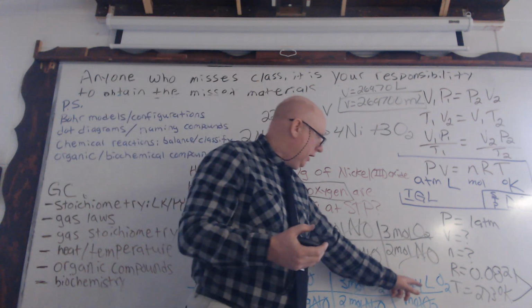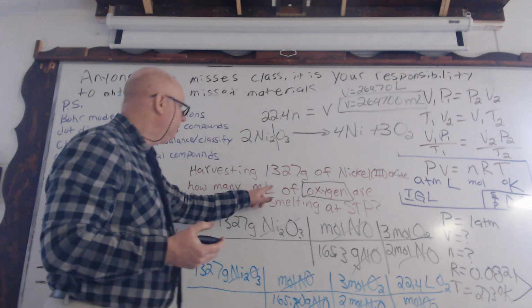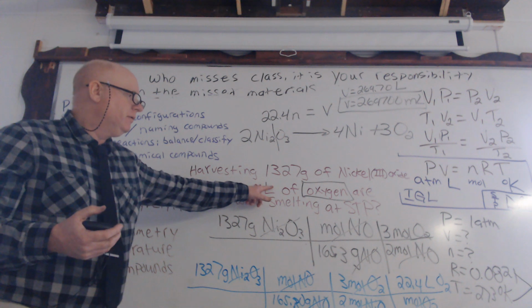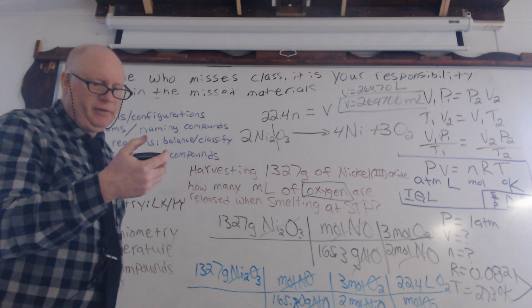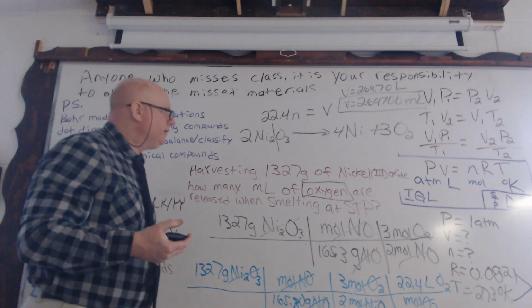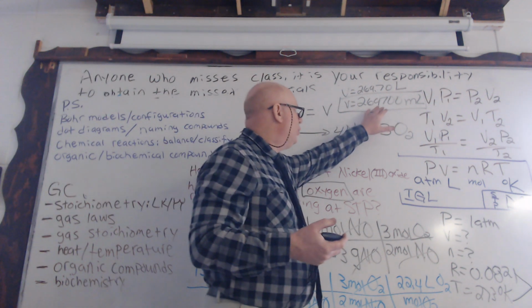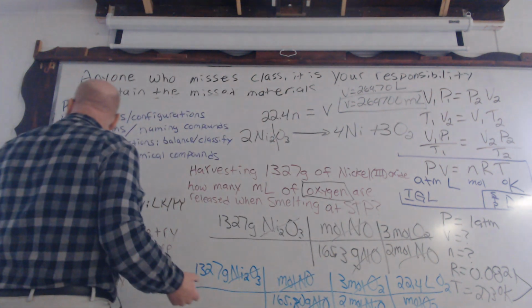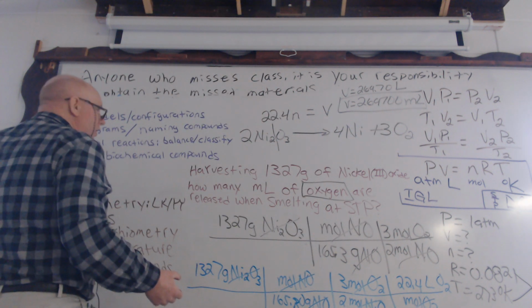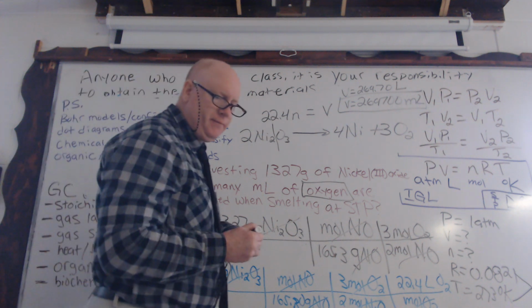Liters, and we want it in milliliters, so which means you got to take 269.73 times 1,000, which doesn't quite give you this exactly, but it's two different ways to arrive at the same answer.